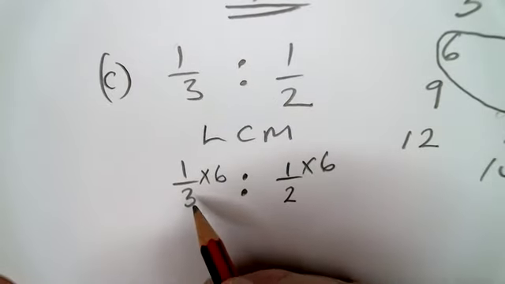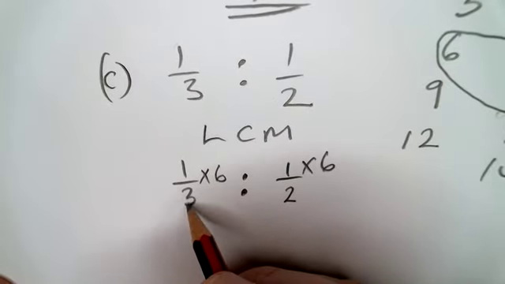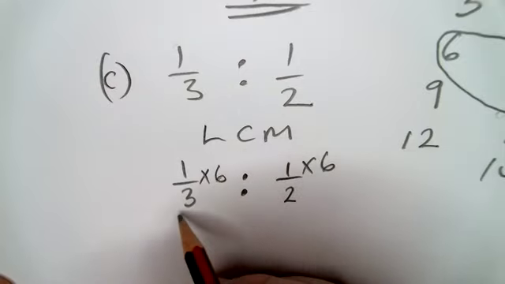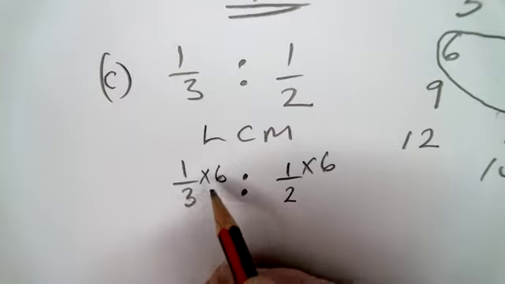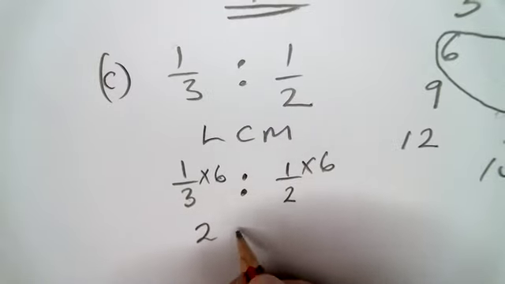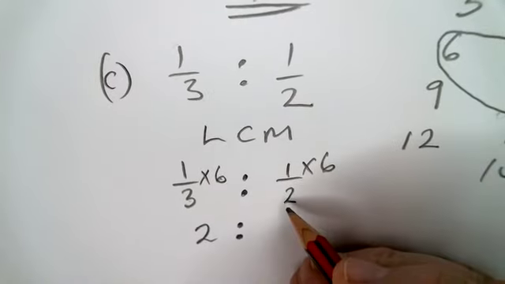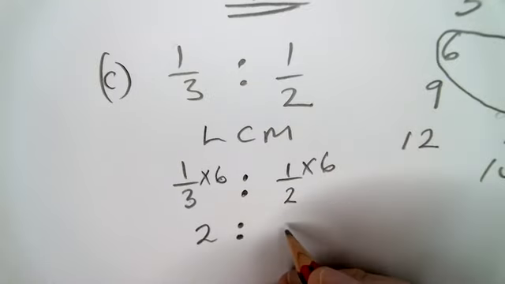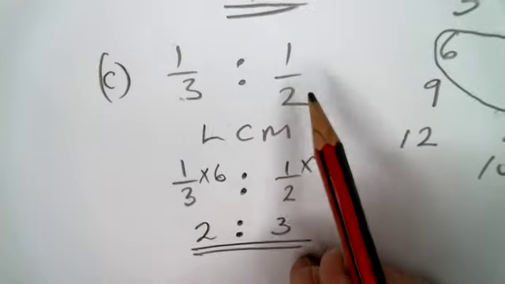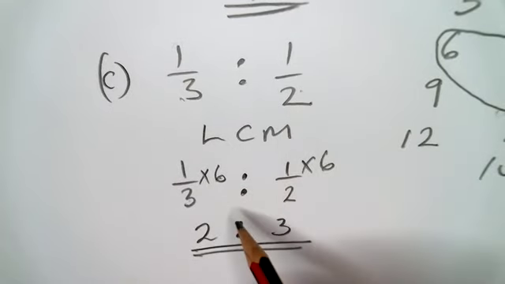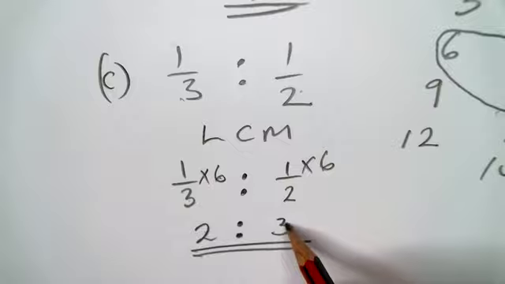Now, how many times does 3 go into 6? It goes twice. 2 goes into 6 3 times. And there is our simplified ratio. In other words, 1/3 to 1/2 is the same ratio as 2 to 3.